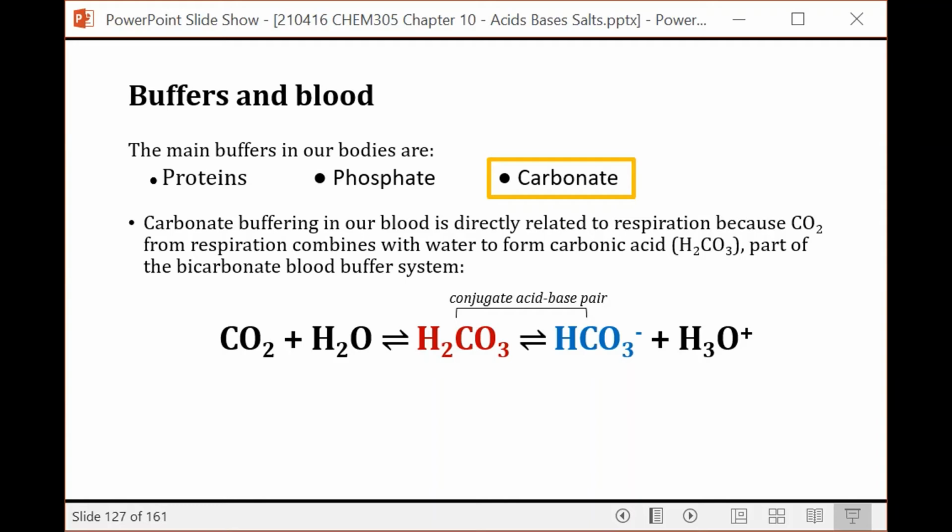If you're breathing really fast, like hyperventilating and exhaling a lot of CO2, then your CO2 concentration is going to go down. And because these are all equilibrium reactions, if you remove one of the reactants, its concentration goes down, equilibrium will shift to the left, which means your pH will go up because you're going to reduce the concentration of hydronium ions, because everything's going to shift to the left to make up for that decrease in CO2 concentration.